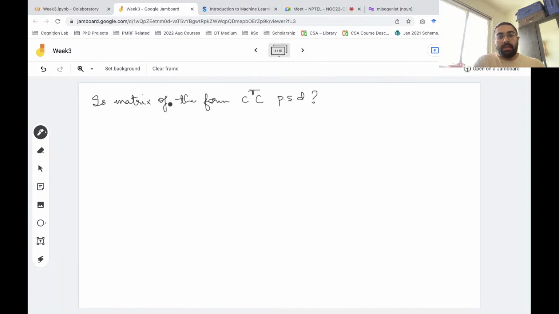The next, I had a couple of methods I wanted to discuss about PSD and PD matrices. So let's take this question: is a matrix of the form C transpose C PSD or not? Any ideas as to what is the answer and how would you go about proving it?